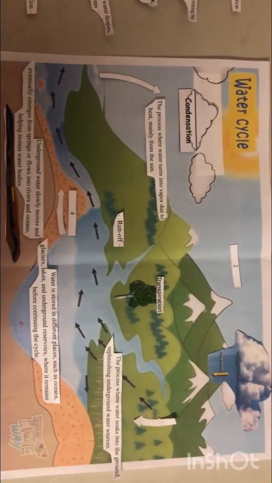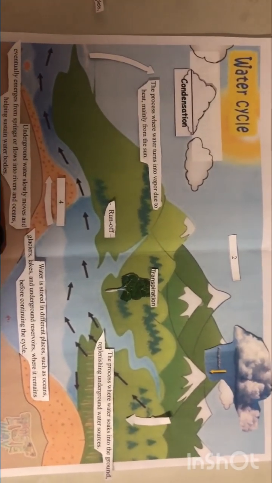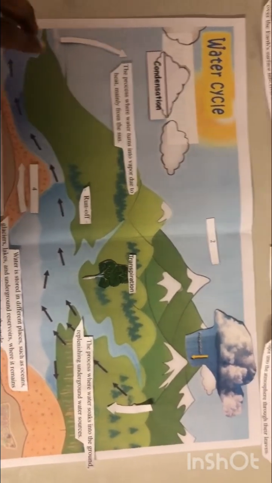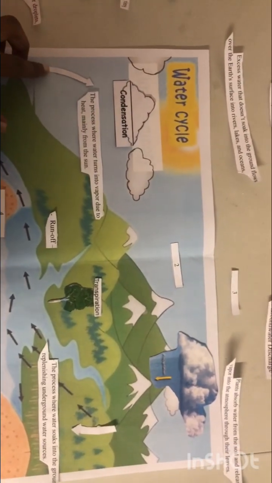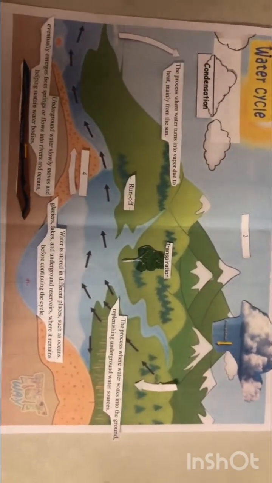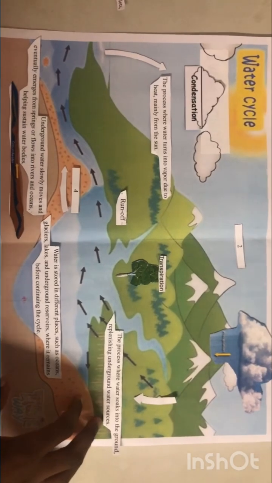If you read that, there's no explanation whatsoever. If you see this arrow, there's no explanation. Condensation, there's still no explanation. But my plan here today is to make that topic a bit interesting.